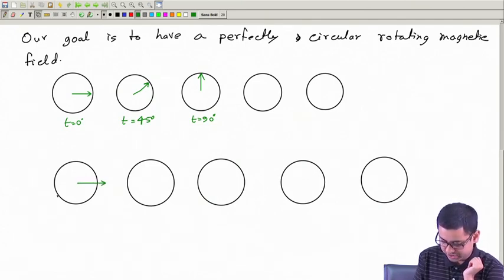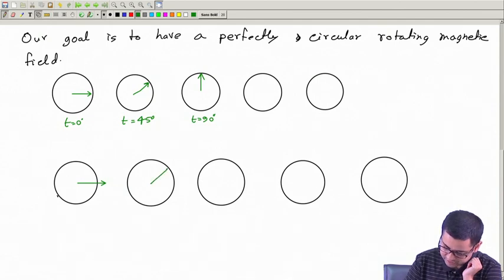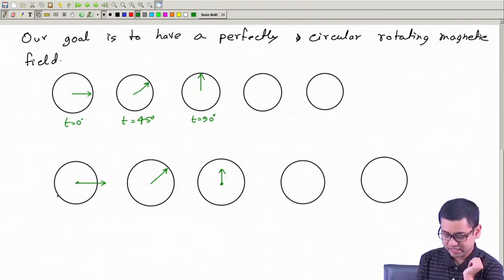Its magnitude is proportional to this length and it is at this angle. At t equal to 45 degree, we find this say here. Okay, and then at t equal to 90 degree, we find it here. Now its magnitude is smaller than the magnitude at the time t equal to 0 degree.